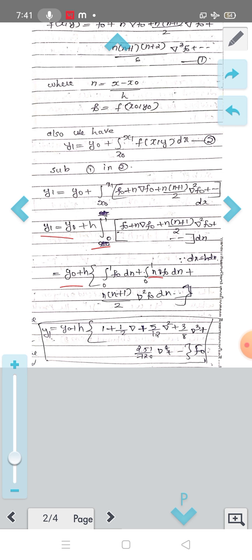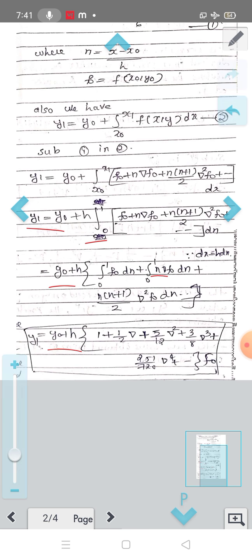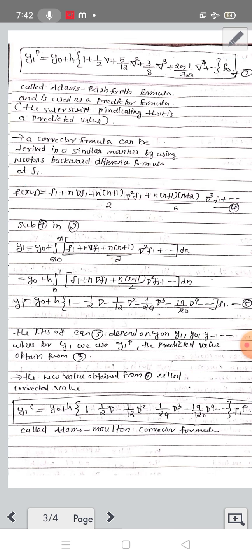So y1 equal to y0 plus h into 1 plus 1 by 2 del plus 5 by 12 del square plus 3 by 8 del cube plus 251 by 720 del raised to 4 plus etc., into f0.